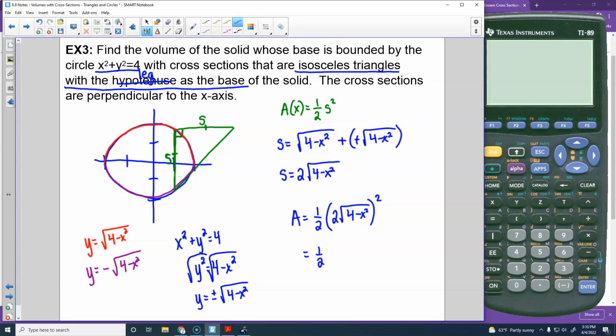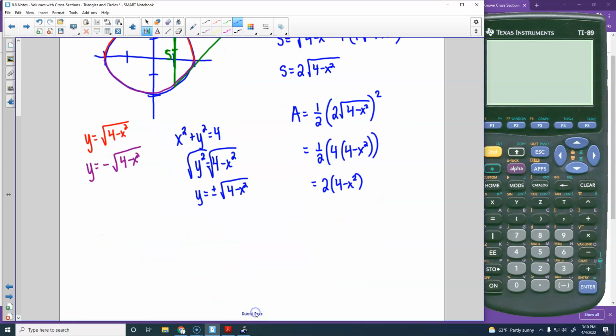That's going to be 4 times 4 minus x squared when you square that square root, and 1/2 of that gives you 2 times 4 minus x squared. So, I know the bell's rang. 8 minus 2x squared. So we have to integrate that from -2 to 2 dx.